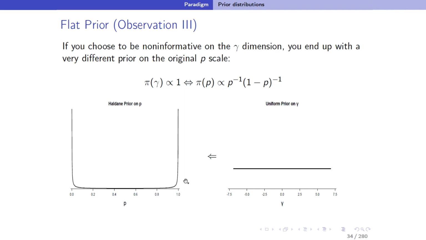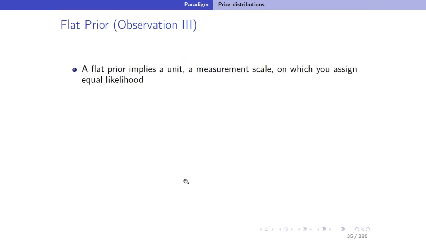So why is it so hard to have non-informativeness? A flat prior often implies a unit, a measurable scale on which you assign equal likelihood.